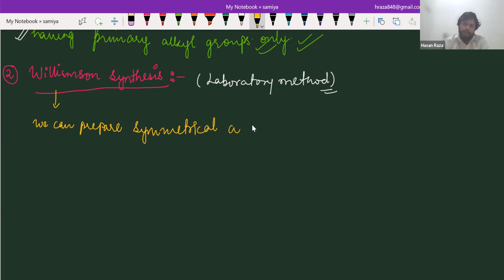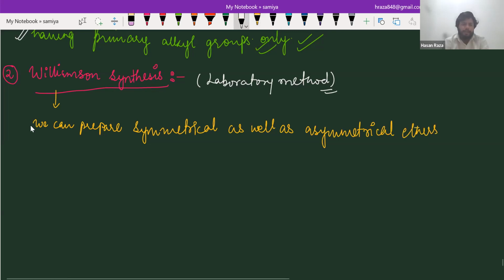Now, if there is an alkyl halide and it is going to react with sodium alkoxide, sodium alkoxide means there will be an alkyl group connected with oxygen and sodium like this. And there will be, you can write, negative charge here and positive charge here.